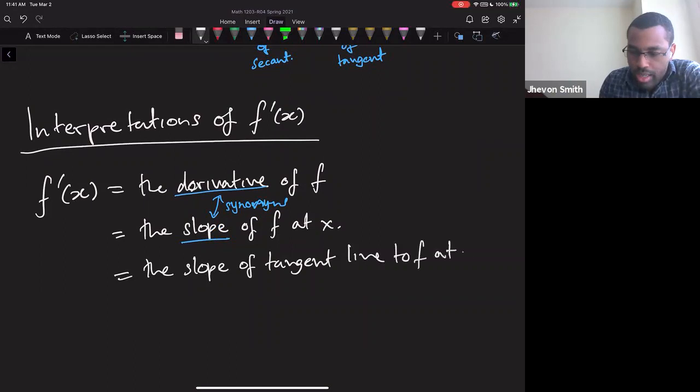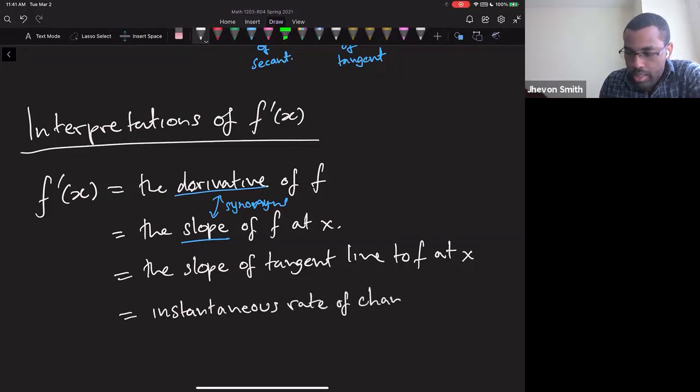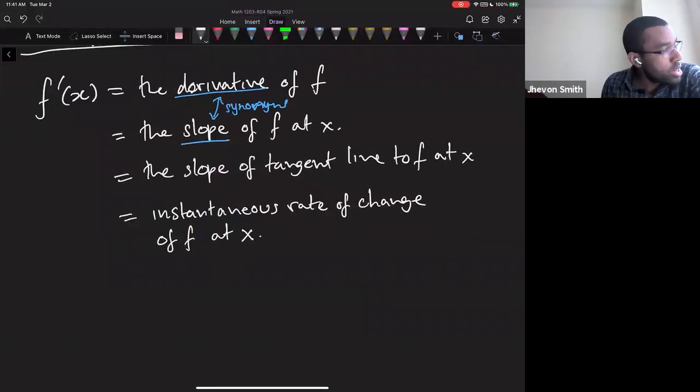To f at x. Another way you can talk about it is it's mentioned as the instantaneous rate of change. It's how fast f is changing at an instant. Another way you can think about it is in terms of just what it does.